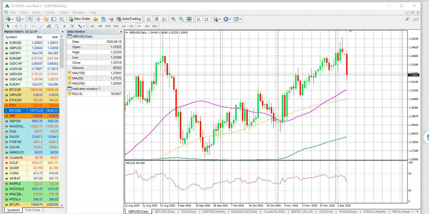Let me show you on the chart what I mean by that. If we do it right over here, we can see that the price started to move initially from this particular price point, right? That is also the area where the price, the last time it was here, is in line with our 200-day simple moving average, because this orange one is our 200-day simple moving average.